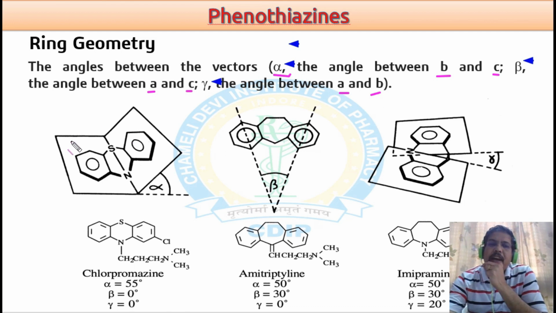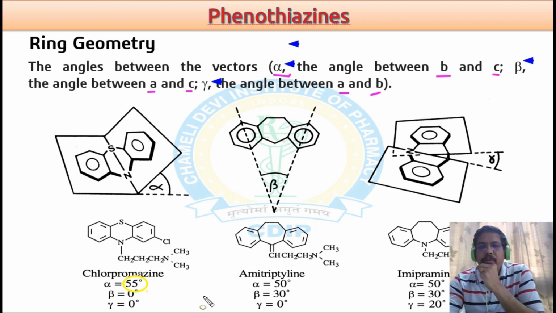So in the case of phenothiazine, the alpha angle, which is between B and C ring, is 55 degrees.